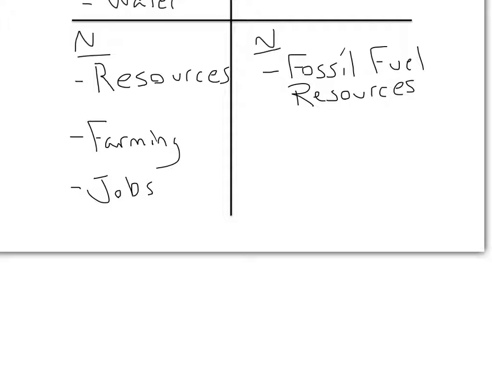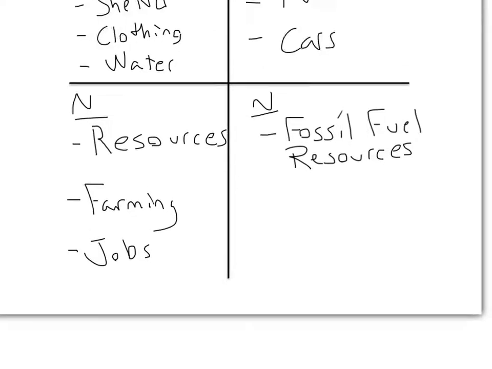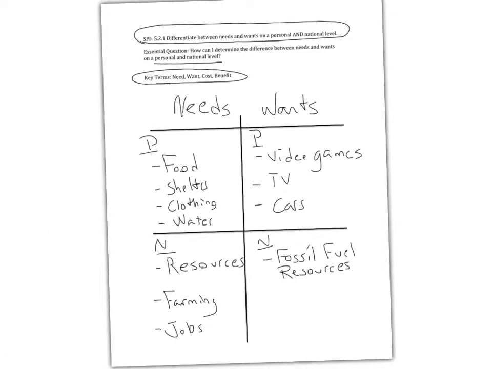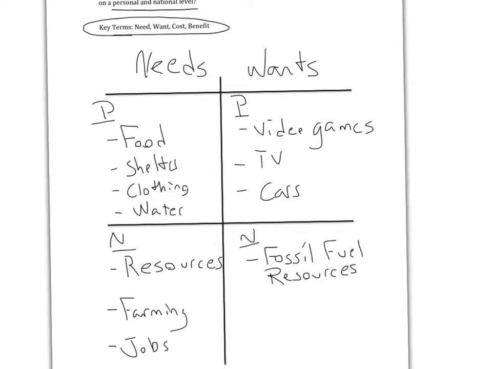So now let's move on a little bit here, and let's talk about the difference between a cost and a benefit. I want you to make sure you get these two definitions down, and we're going to make this as simple as possible.